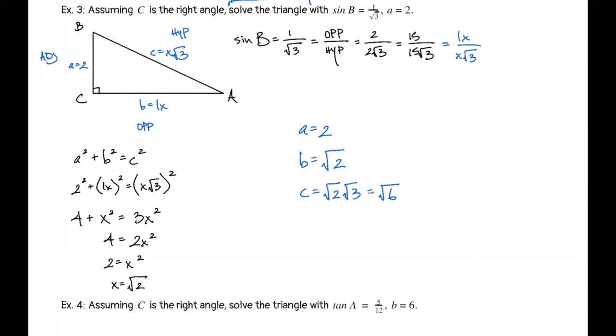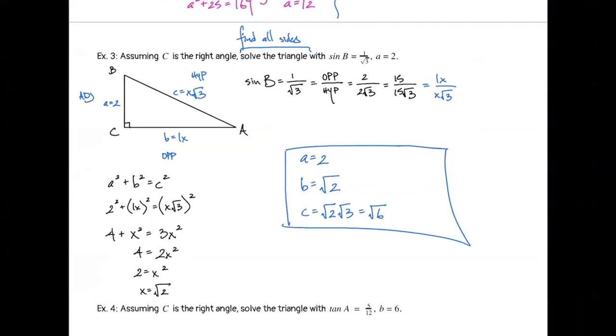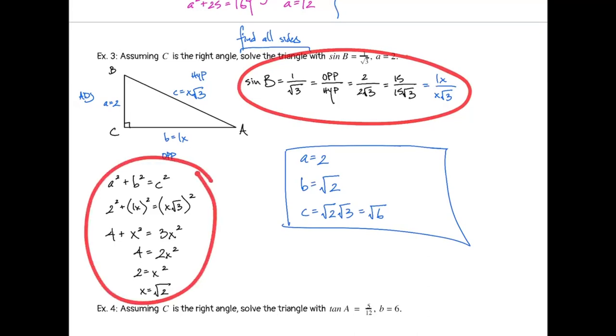Okay. And so we have solved our triangle by finding the 3 sides there. Okay. I would go back over this part of the process along with this part of the process, because I think that's really where the concept part goes. All right.